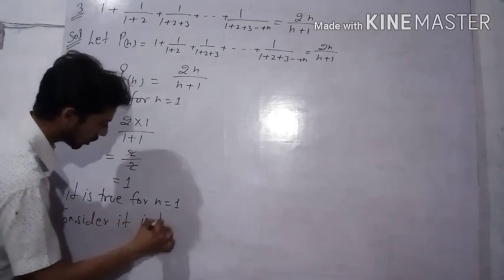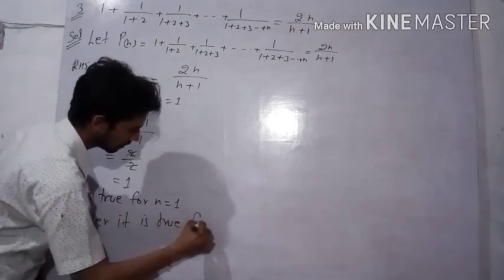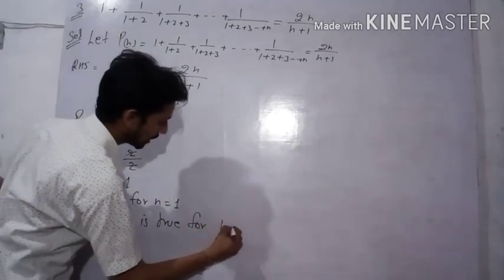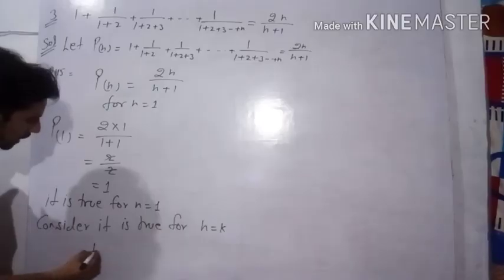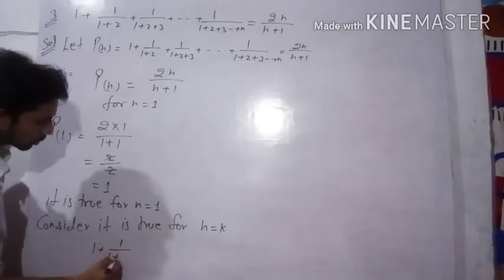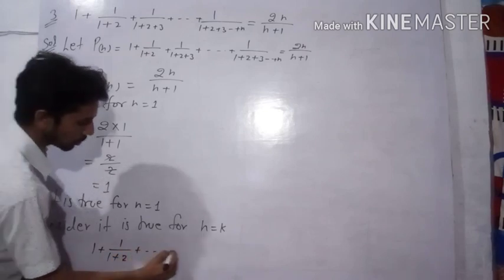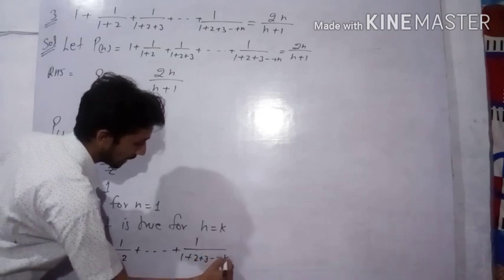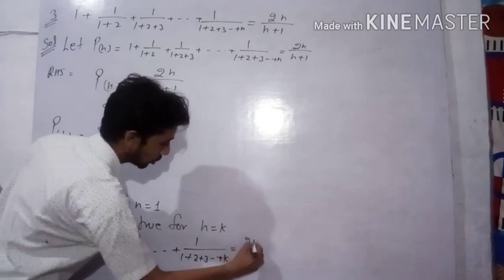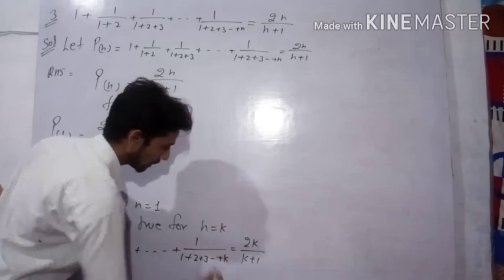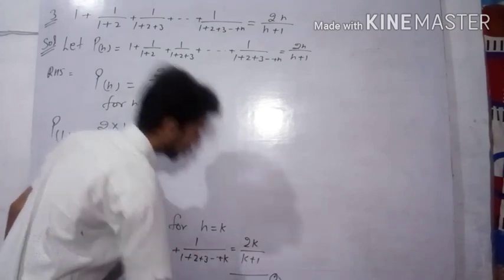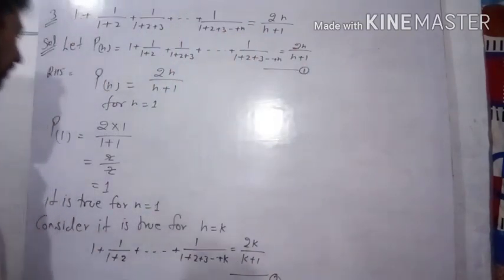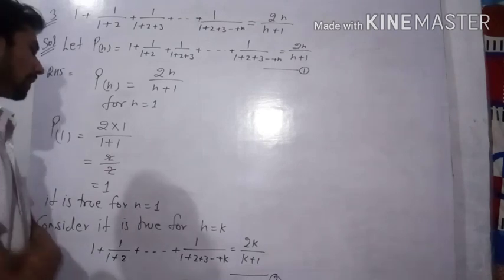Consider it is true for n equals k: 1 + 1/(1+2) + 1/(1+2+3) + ... + 1/(1+2+...+k) is equal to 2k/(k+1). This is equation 1.